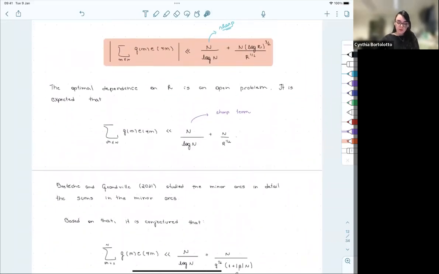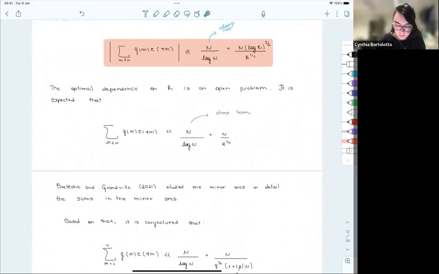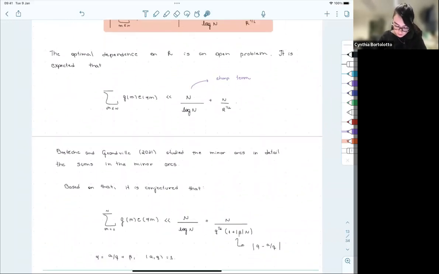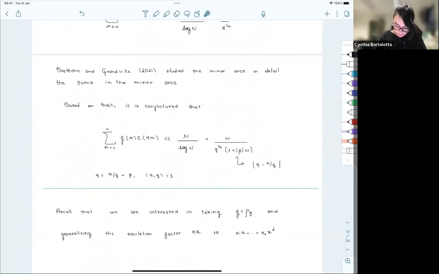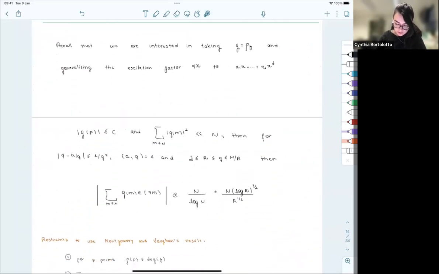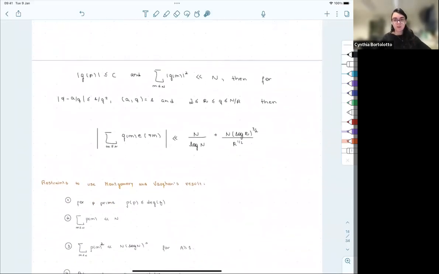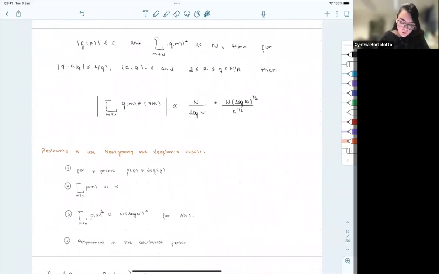When we were trying to solve the problem, we thought that maybe we could apply Montgomery and Vaughan's result to get something. But we see that some of the hypotheses fail. So here are the hypotheses. Here is the Montgomery and Vaughan theorem.